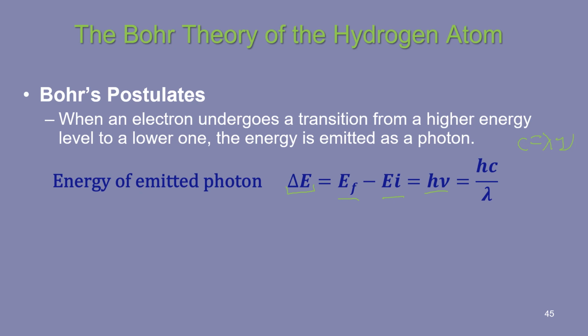All of these things are true, and we know the energy of each level, because we just saw that. It's always negative R_H over n squared. So it's that constant divided by n squared. Whatever level we're on, we can find that energy.